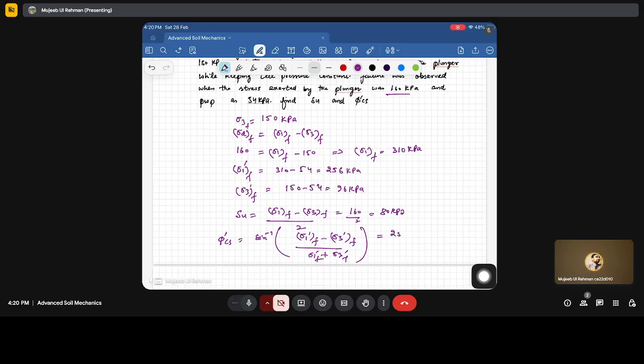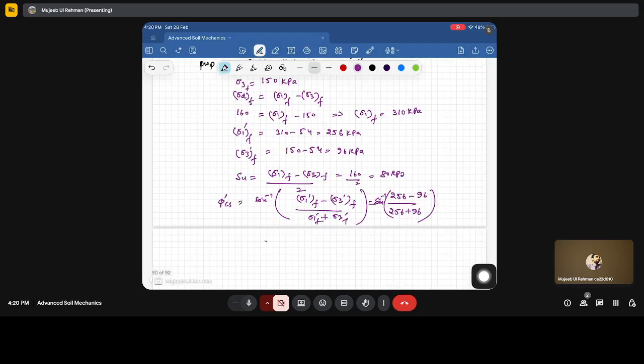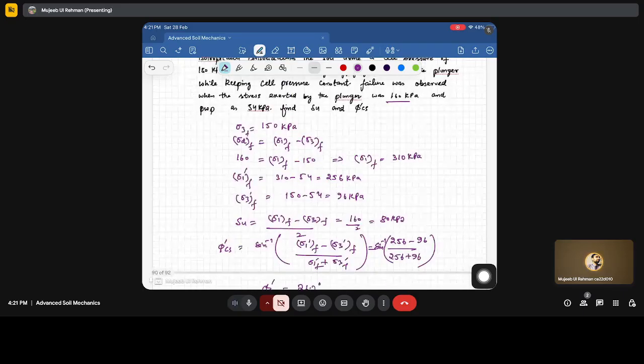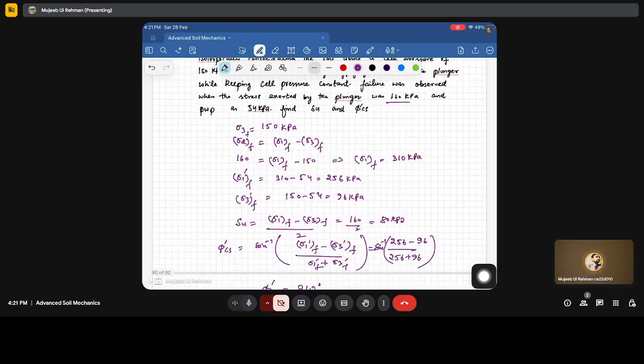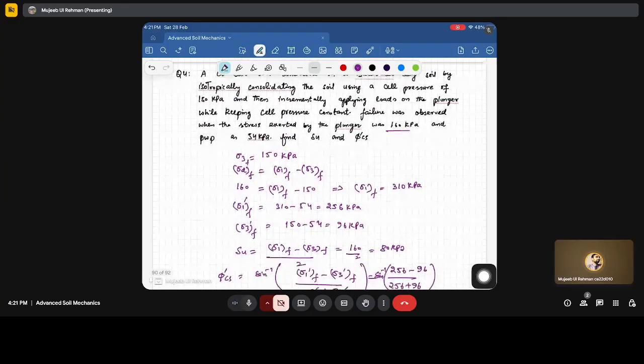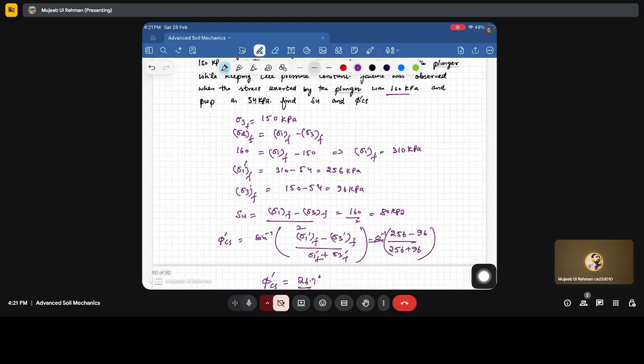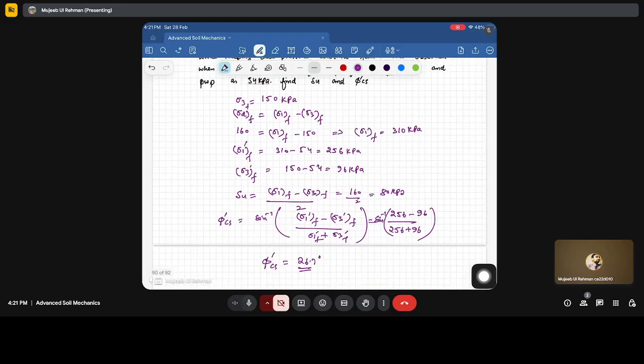This is 256 minus 96 divided by 256 plus 96, and we have a sin inverse here. So this phi dash here should be equal to 26.7. So this is the way generally we used to solve the problem and find the friction values, whether it's the critical state or the strength parameter.